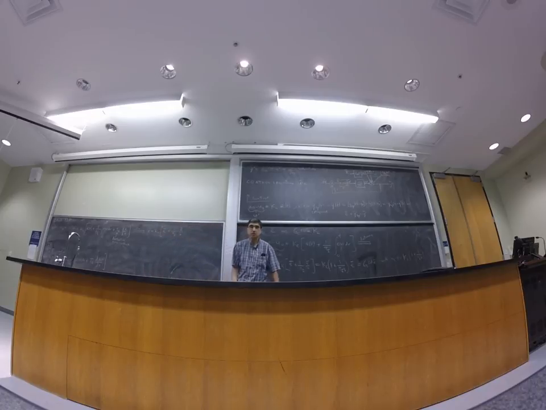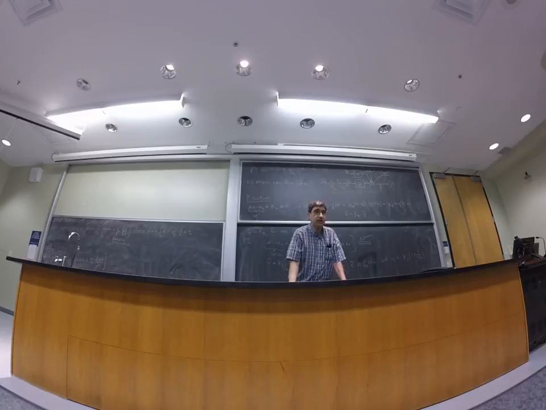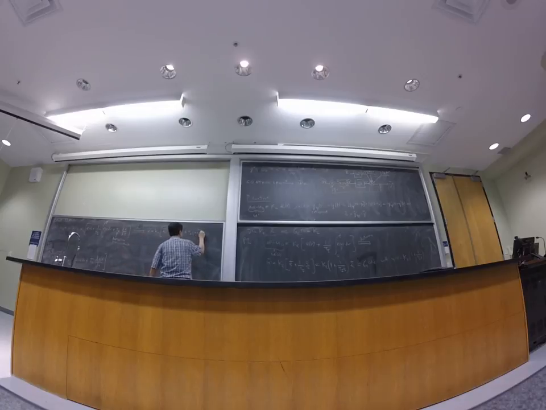And tau D factors out. And what is the Laplace transform of the derivative? It's s times the Laplace transform of the function minus the function at time 0. So that would be s times E bar, minus e of 0.